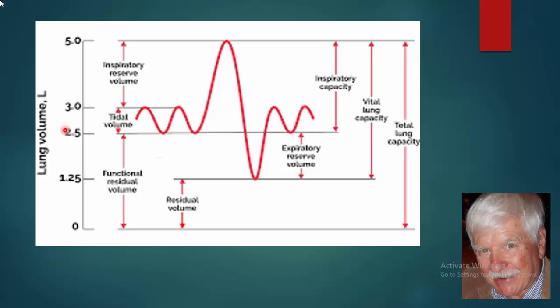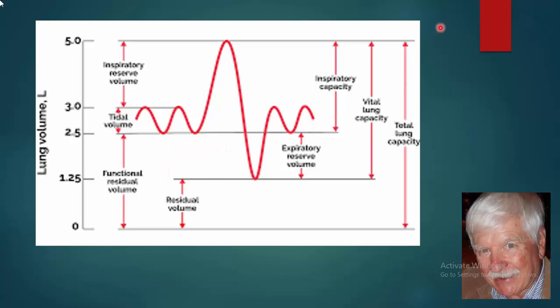Okay, so let's review. Normal breathing is called tidal volume. The extra you can take in is called inspiratory reserve volume. The extra you can breathe out is called expiratory reserve volume. And the amount of gas that you can't get out of the lungs is called the residual volume. Okay? So then what you see here is that vital capacity, I don't think they show it on here.